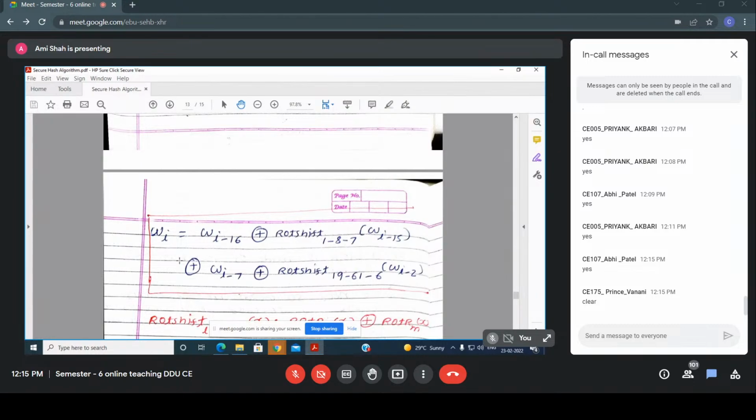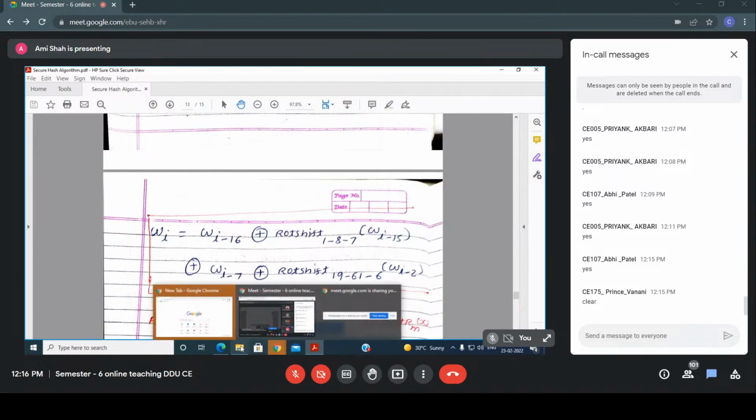MD5, Whirlpool, SHA 512 are well-known hash functions, so that's why I have discussed this. I will not explain each and every hash function. This is the concept that I have covered.